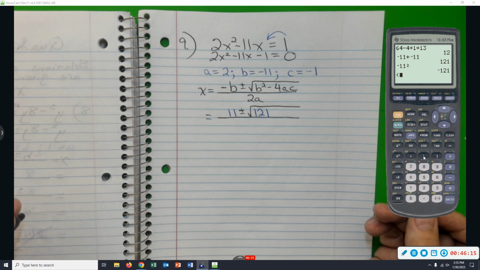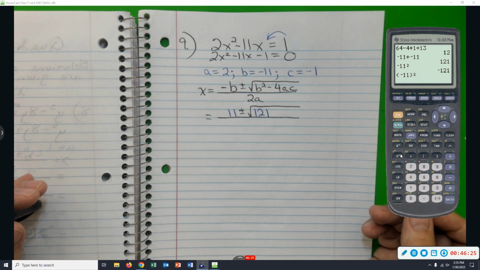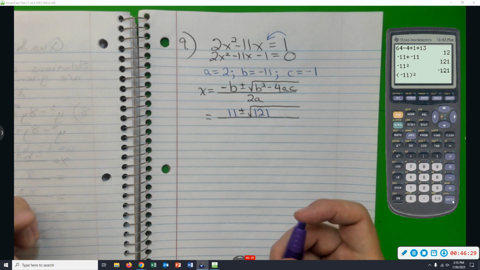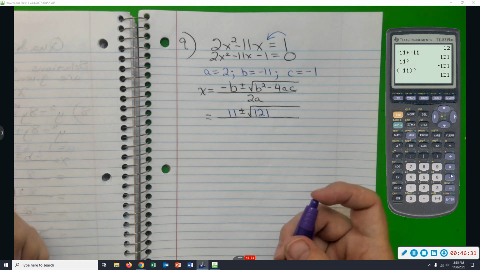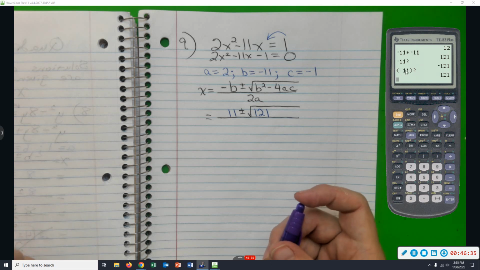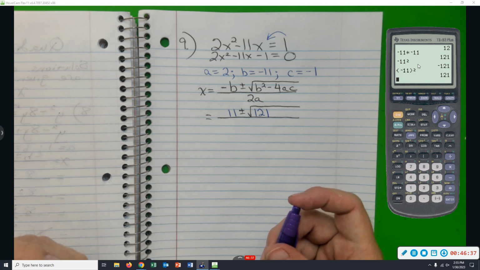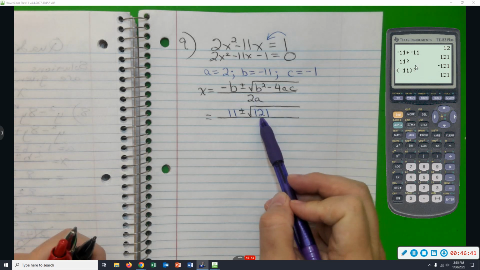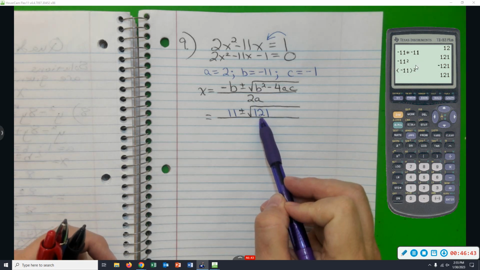If you want to square a negative number and you're using a calculator, you need to make sure you enclose that number in parentheses. If I'm just squaring a negative number, what I normally do is negative times negative is positive, and I would just stick 11 into the calculator. But if you want to actually punch in negative 11 squared, you've got to have those parentheses. Just make a note, b squared is always a positive number.